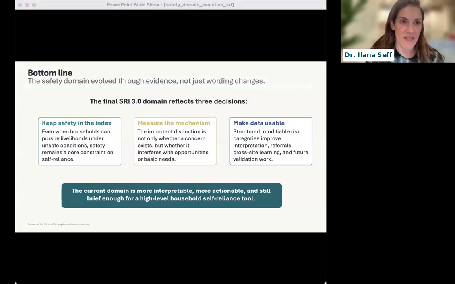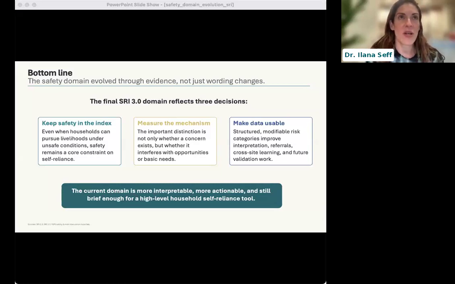the final version of the SRI really reflects three key intentional changes that we wanted to make. So we knew that we wanted to keep safety in the index and make sure it was still capturing whether or not it's impacting self-reliance.